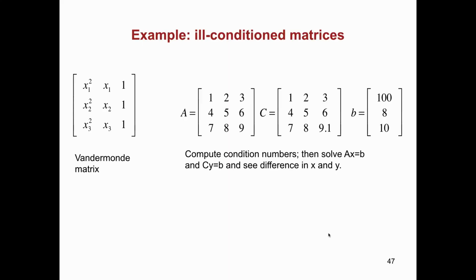So another bad system, and this is just for your information, is given by matrices that have this Vandermonde form. So if I have any number where I have x1 squared, x1, and 1, basically coefficients wildly differ. So if my x1 is 10, I'm going to have 100, 10, and 1.